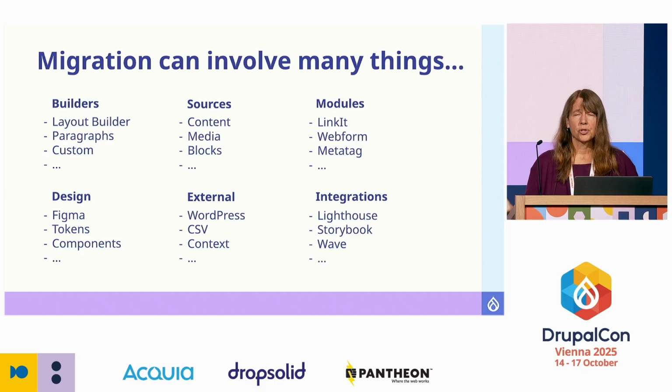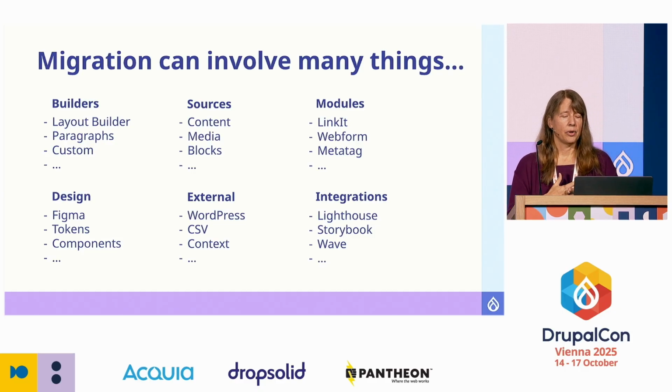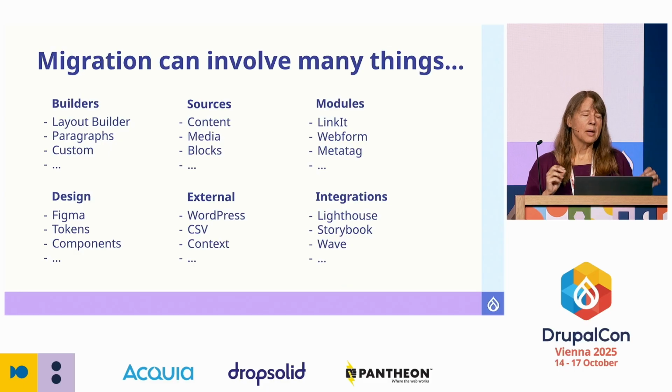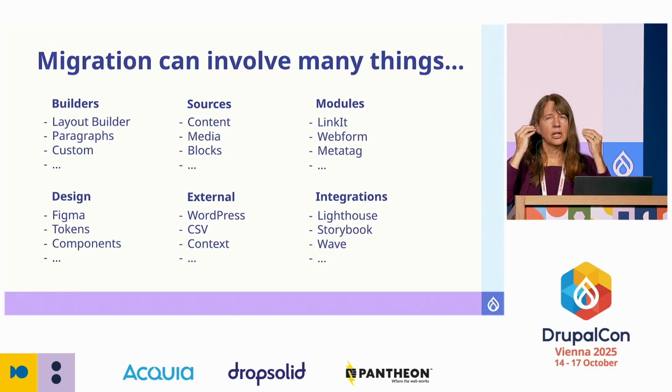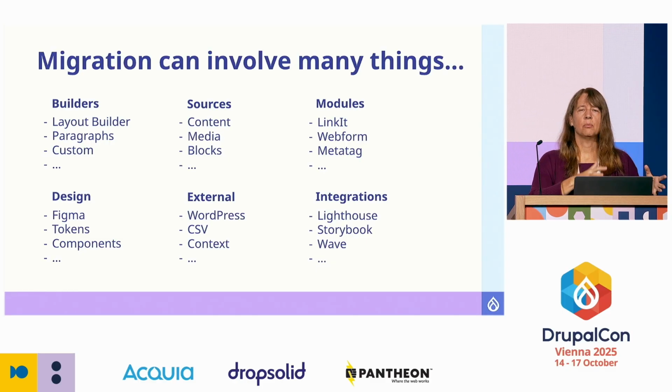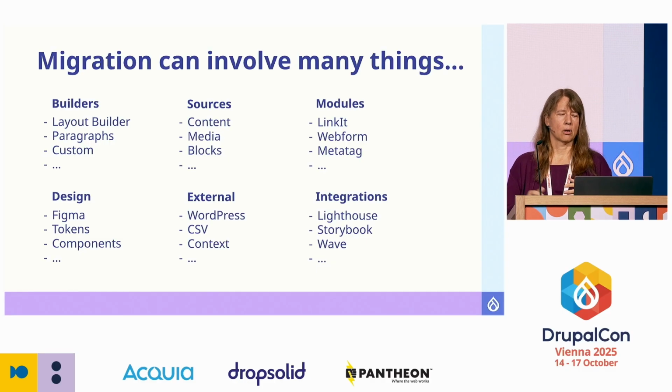And then of course, it's Drupal. We like to integrate with things. So maybe in the editor, you want to be able to have ways of checking your page for Lighthouse scores or integrating with Storybook. So maybe each one of these things isn't a traditional migration, but these are the things that you need to keep in mind when you're migrating your mindset and your team over to this new technology.